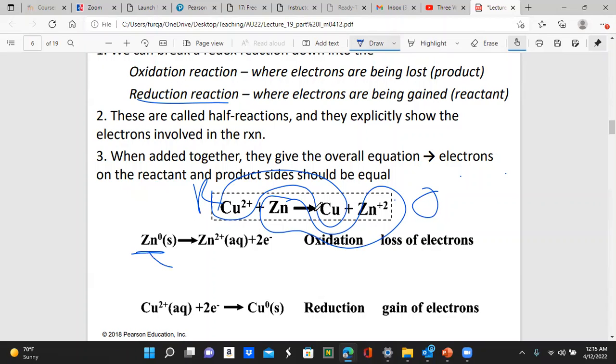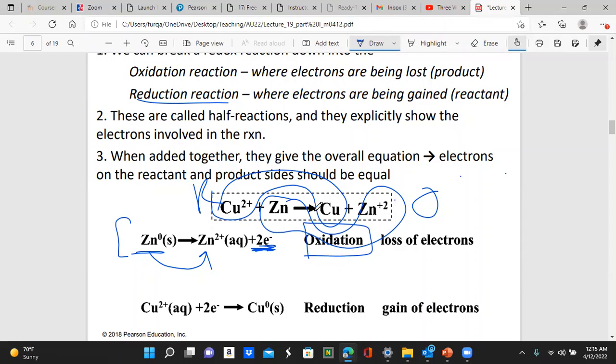From here, it's losing 2 electrons. So whatever is losing electrons, when we are writing that chemical reaction, loss means it is going to be the oxidation reaction, right? So in the oxidation reaction, the lost electrons are written on the product side. When the electrons are being lost, we show them on the product side.